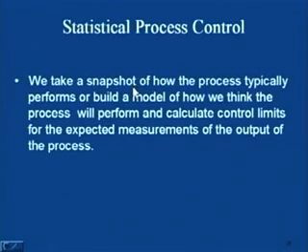We take a snapshot of how the process typically performs, or we build a model of how we think the process will perform, and calculate control limits for the expected measurement of the output of the process. As I already mentioned, from earlier observations, calculations or the model that we built, we calculate the control limits.